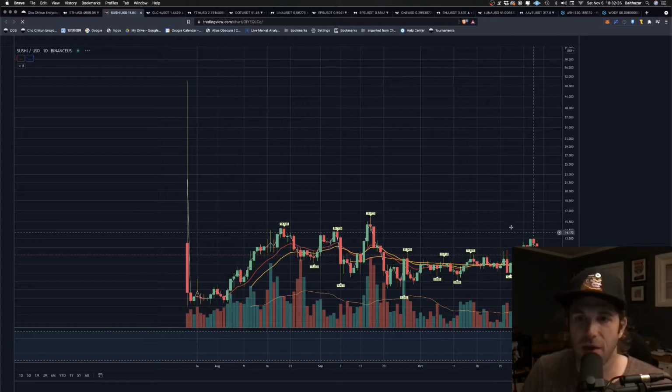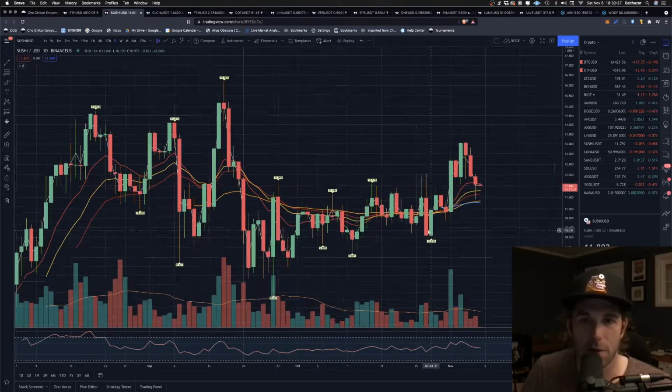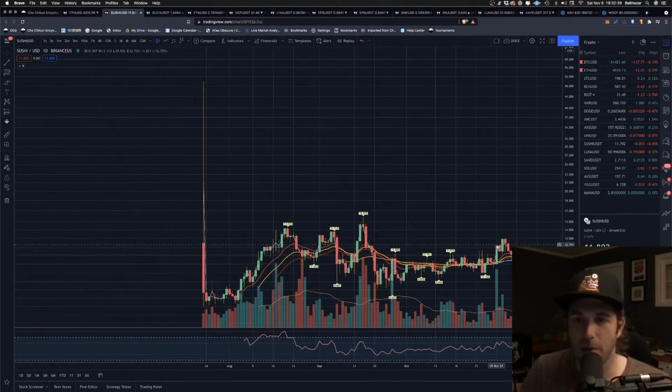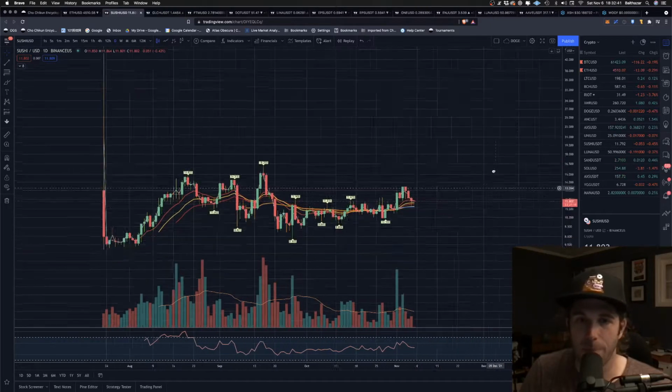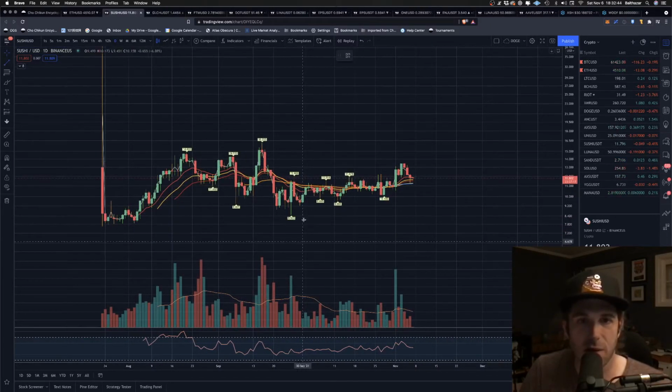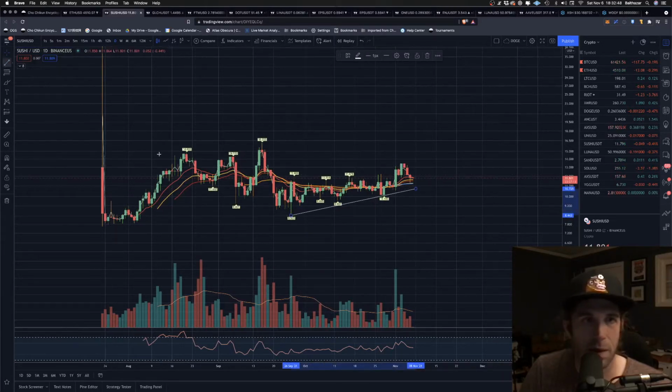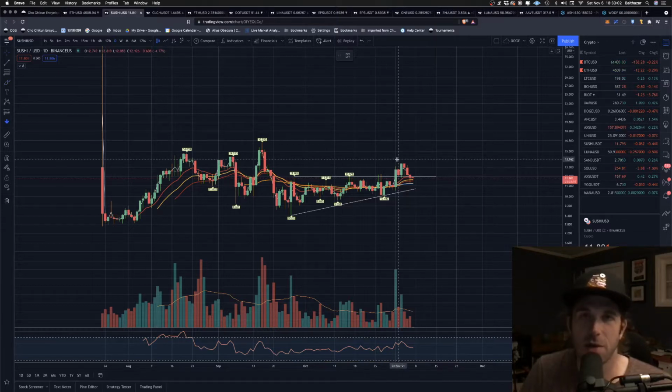When I first gave an analysis of SushiSwap, I was talking about how I felt like it was a good buy because I was noticing this ascending triangle pattern, and I was expecting that we would break above this pattern, and then we got this little pullback, and I thought we were going to go much higher. So my trade thesis here, and apologies that I wasn't clear about this, I'm realizing now that I need to go over this to explain where I'm coming from.